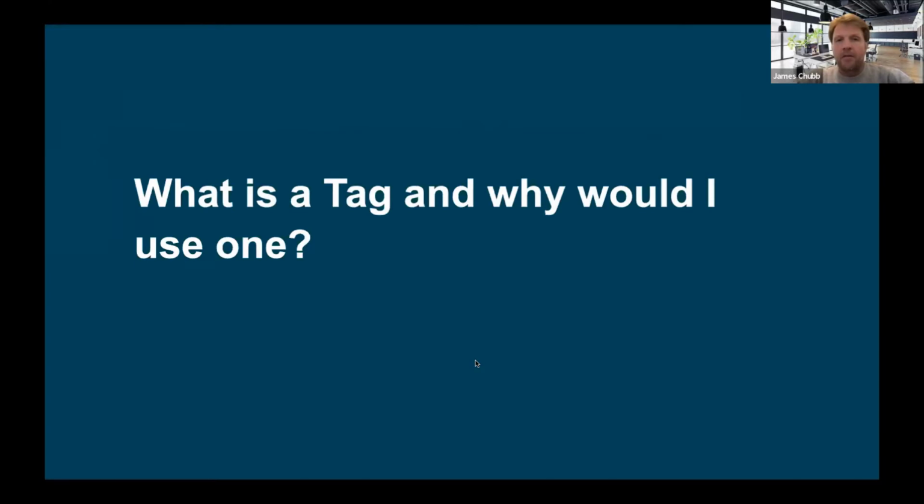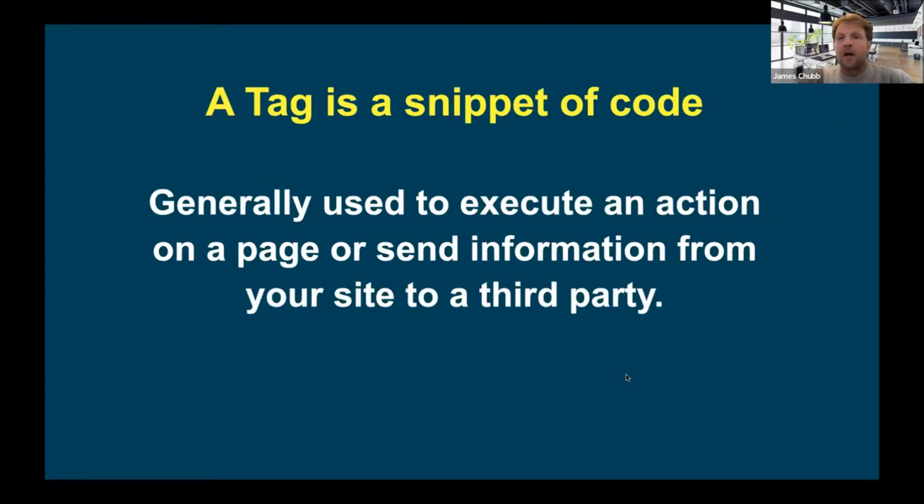The first thing is, what is a tag and why would I want to use one? We have some new people here and they may not be familiar with this, so we'll just do a very, very quick overview on what this is all about. A tag is just a snippet of code, really.